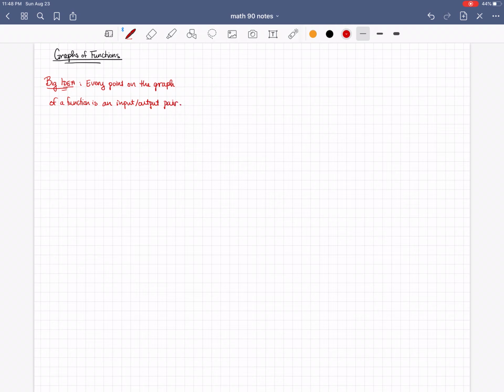Okay, so what I mean by that is that if we take our axes and we say one of these is going to be the input axis, I'm going to make it the horizontal one in this case. You'll notice that that's the most common way to do it.